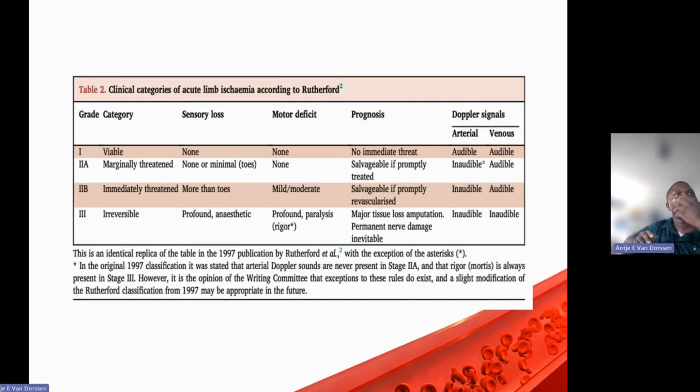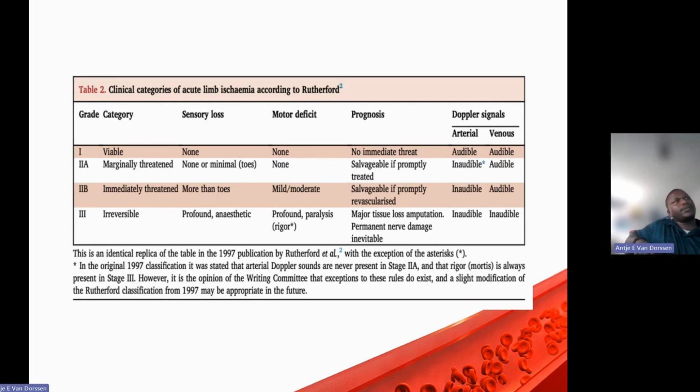And of course, Rutherford class 3 is irreversible. They have no sensation to that leg, or it's very diminished, and there's quite profound paralysis to the leg. And when we have this classification, likely these patients are going to end up with an amputation.